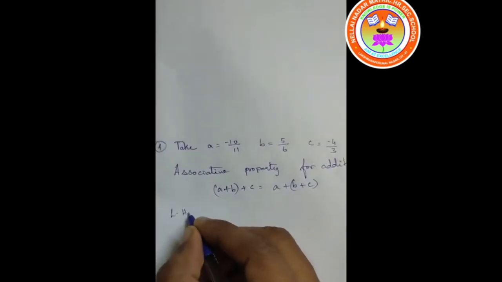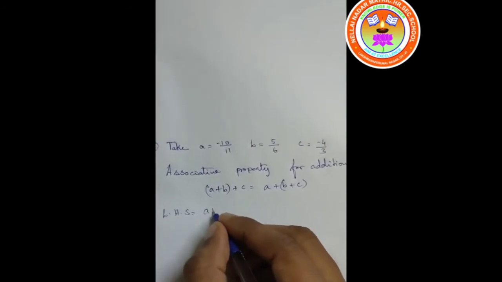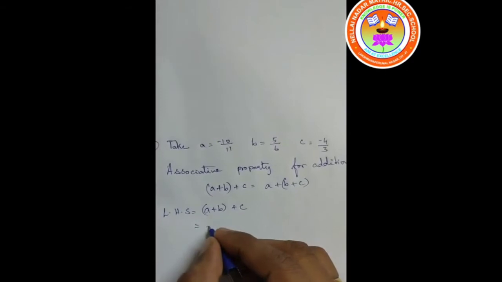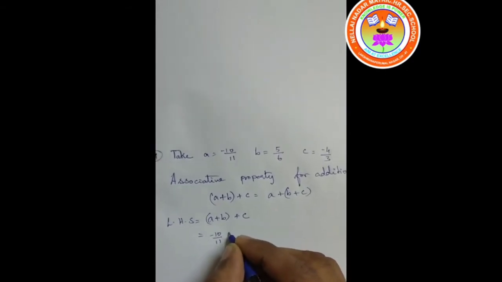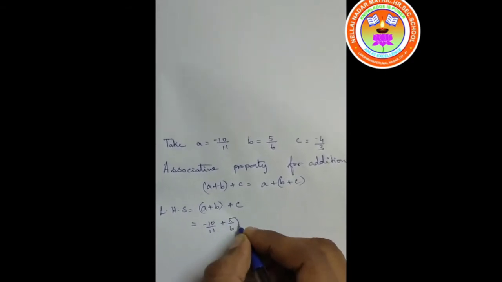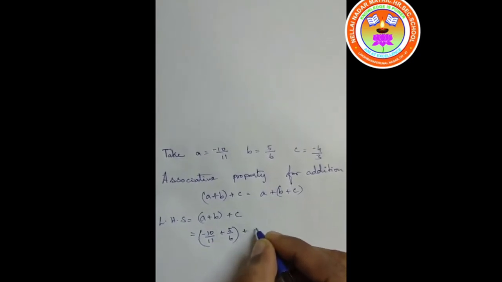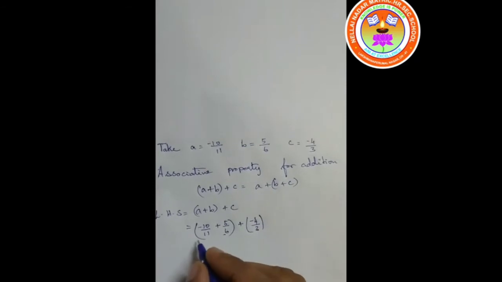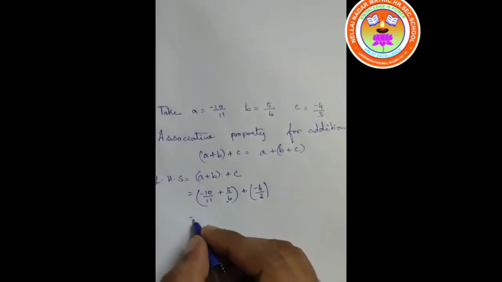We will take LHS, which is equal to (a plus b) plus c. What is a plus b? Minus 10 by 11 plus 5 by 6, plus c, which is minus 4 by 3. If you want to add these two rational numbers, you have to take LCM.